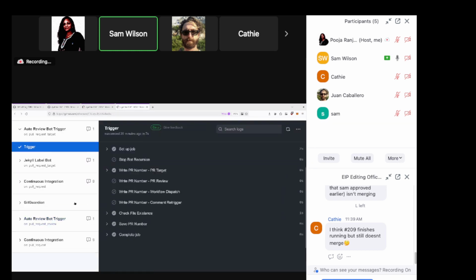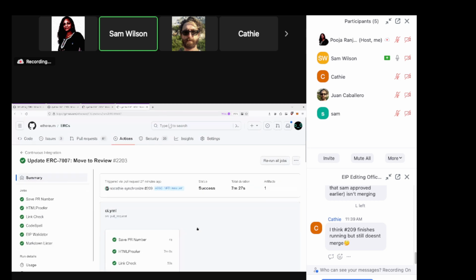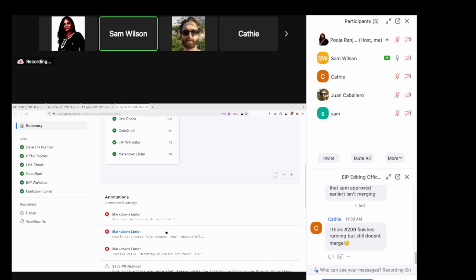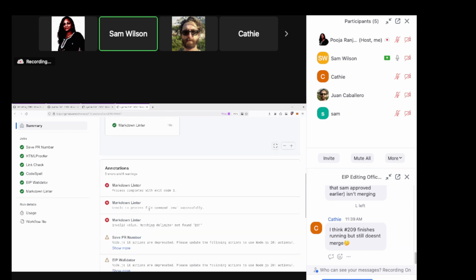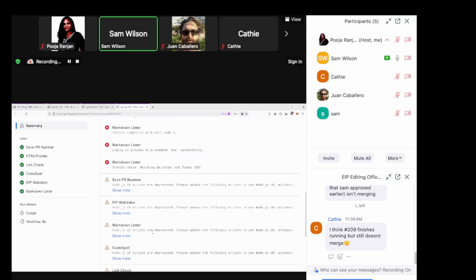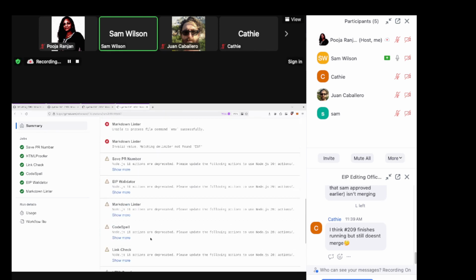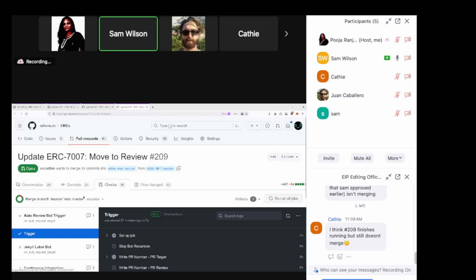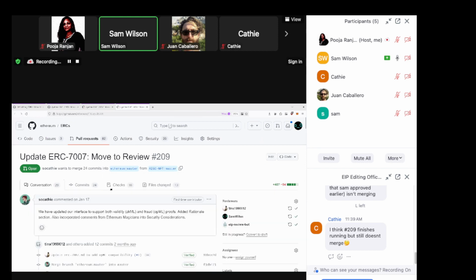I have no idea why this isn't merging. Yeah, I'll just merge this by hand. I really have no idea why it's not merging. Sorry about that.